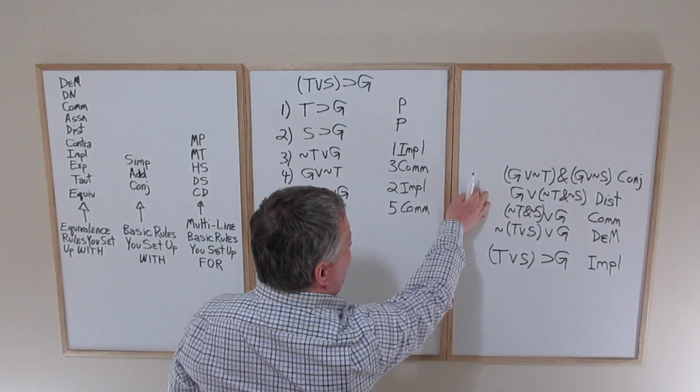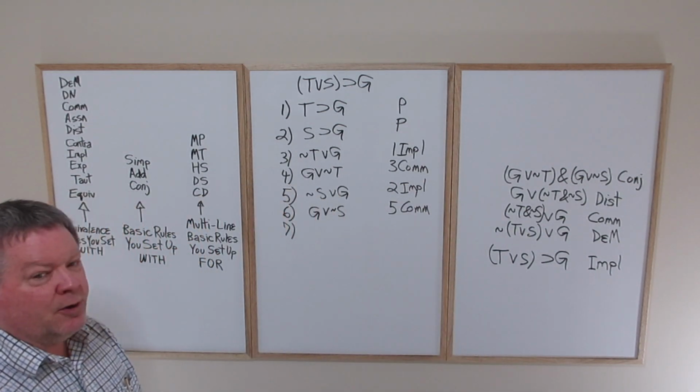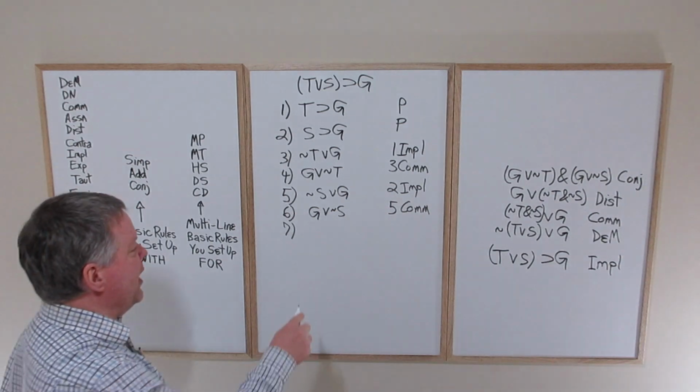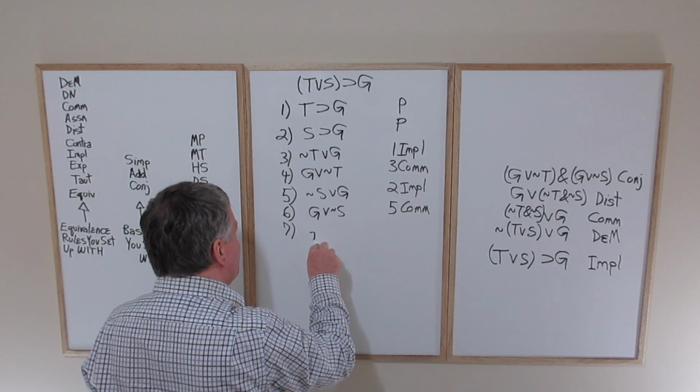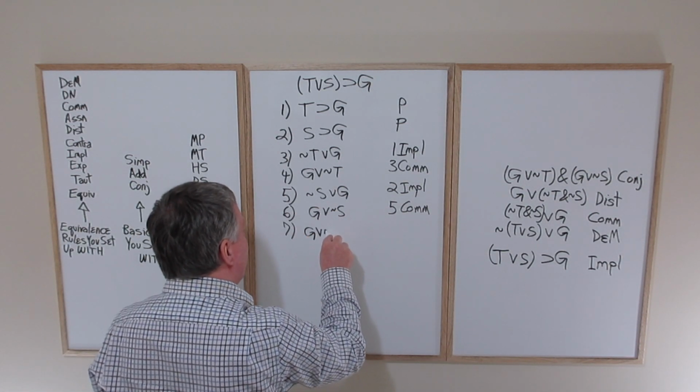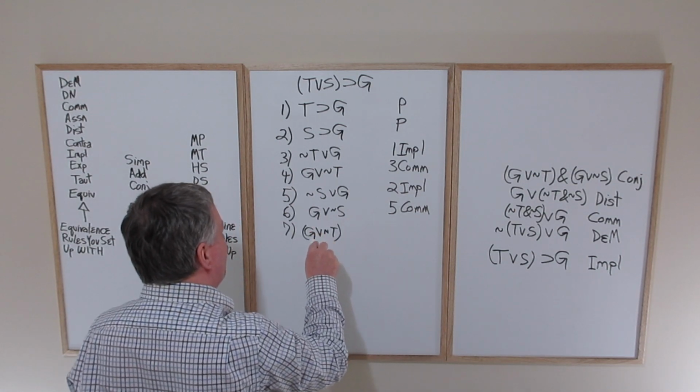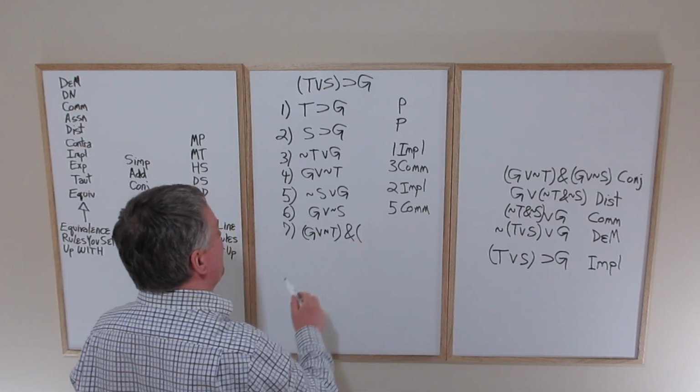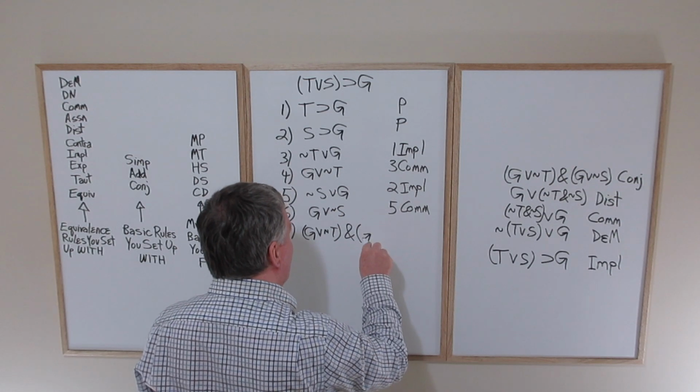So, as has been revealed to us by our strategic backwards planning, G or tilde T, once these become conjuncts, they'll have brackets around them.